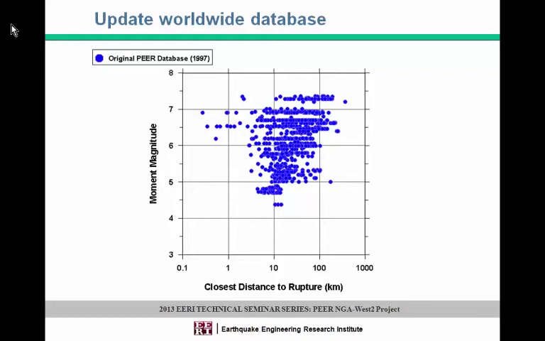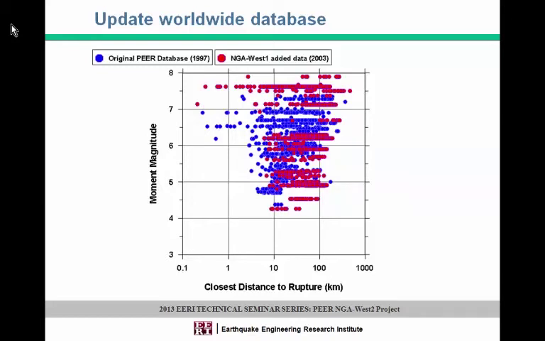I mentioned officially Peer started as a national research center in 1997. This is a plot of what we had in 1997. Vertical axis is magnitude, horizontal axis is distance. Each point really is one recording station. This is what we had in 1997. In NGA-West1, we added more stations. So NGA-West1 database was collection of the red and blue dots.